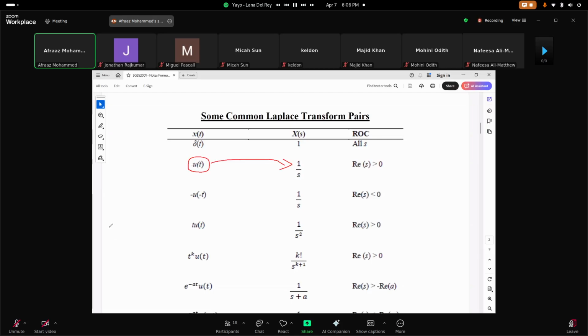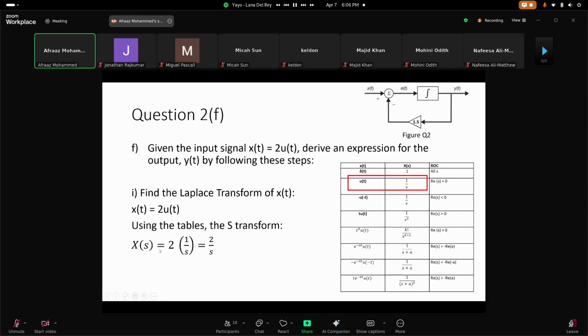Okay, 1 over s. So back to our question. X(s) is going to be equal to 2 multiplied by 1 over s, which is 2 over s. So that's your Laplace transform of x(t).